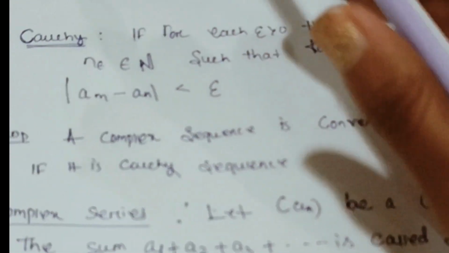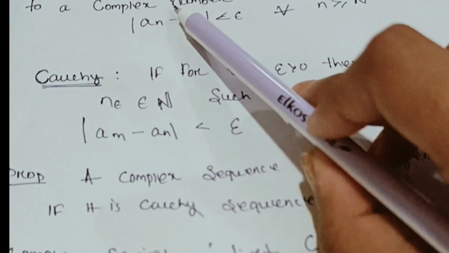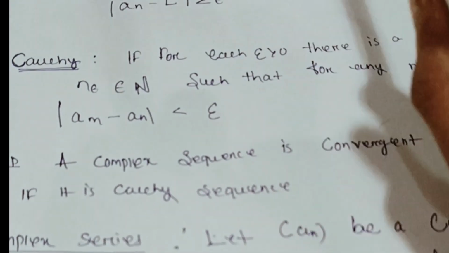Convergence is the most important word used in complex power series. And what is convergence?